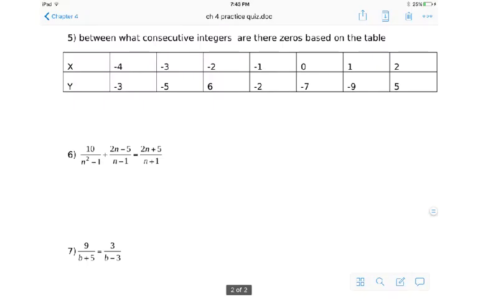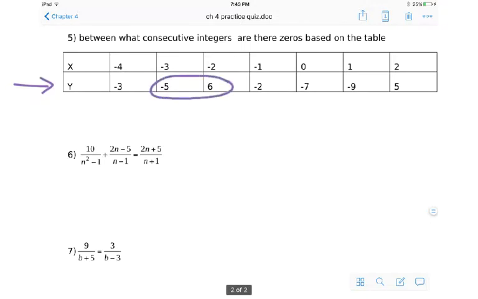In number 5, it says, between what consecutive integers are there zeros based on the table? Remember I mentioned that we know that the graph is going to cross the x-axis when you're looking at the y values, and the y values change sign.